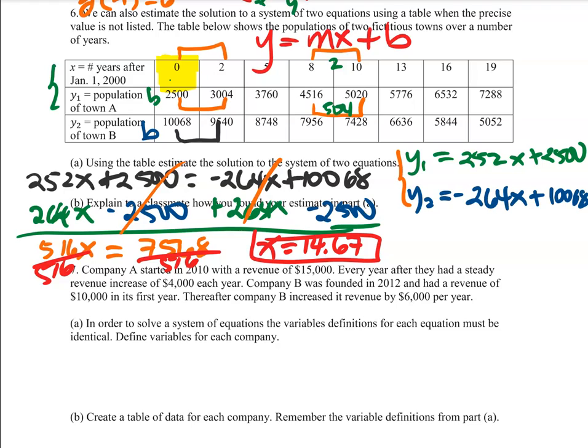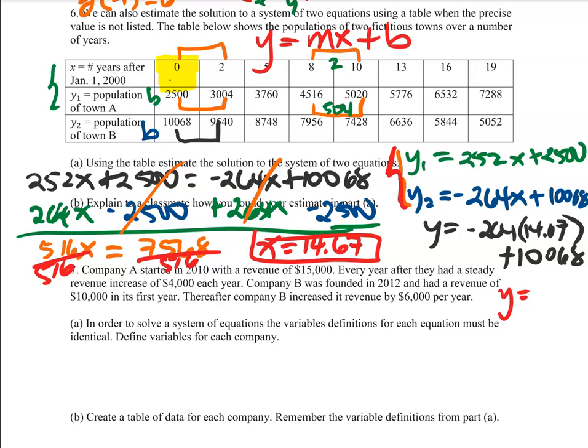And then you can solve for y. You substitute this into either of these two y values. So let's say if you want the second, negative 264 times 14.67 plus 10,068, and you will have y equals 6196.